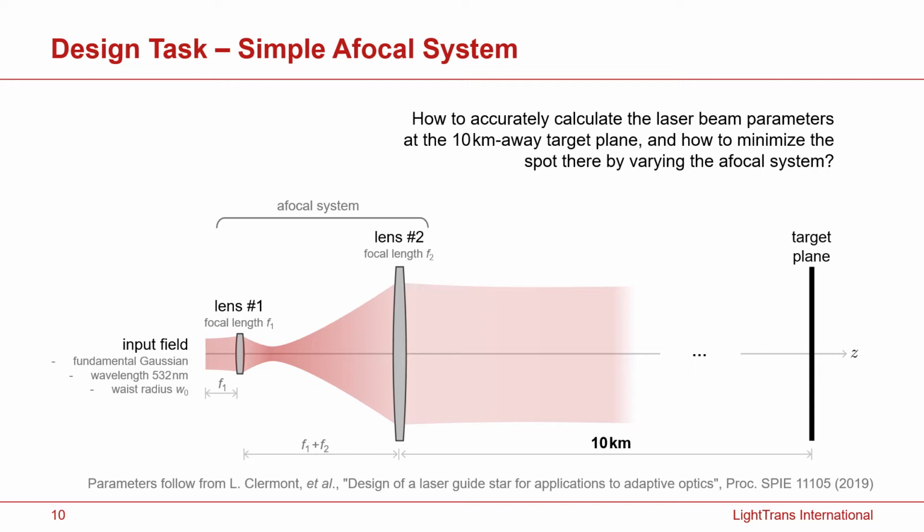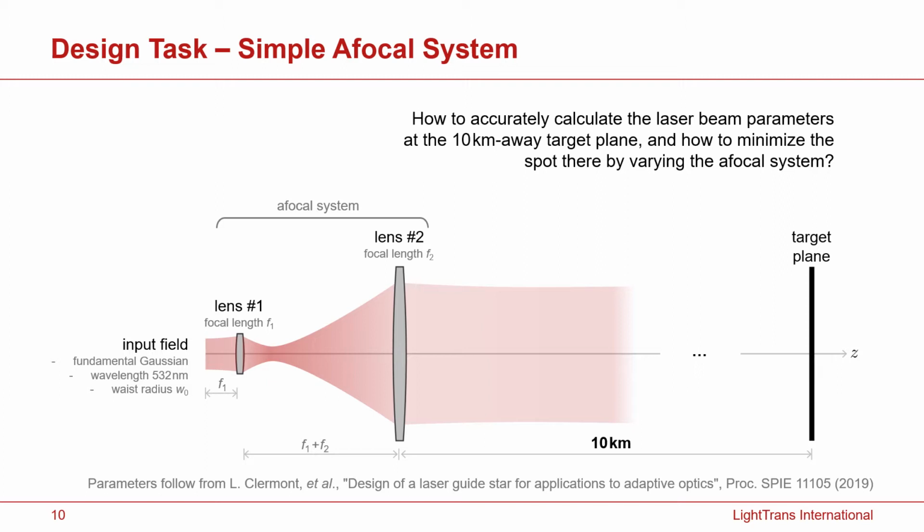But you must be careful that this laser guide star is used to illuminate somewhere which is super far away from your system. It's going to be used to generate a spot far away in space. Here, just to take an example, it can be 10 kilometers away from the system.